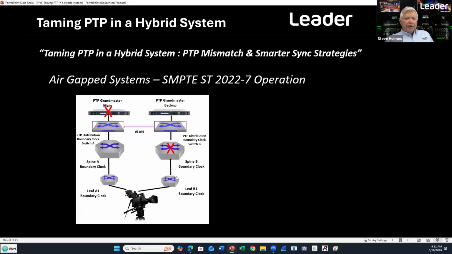So one of the things that we do is provide a PTP distribution layer that is above the spines. This distribution layer only deals with PTP, but it lets the two grandmasters talk to each other and provide PTP down both paths from a single generator.